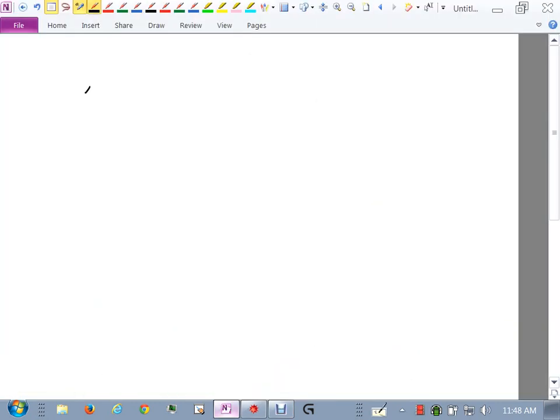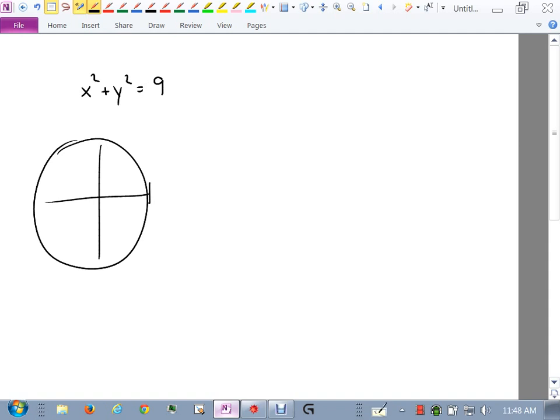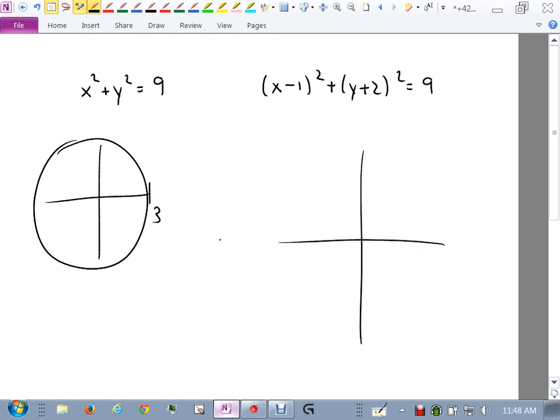Do you remember that if we had this in 2D, x squared plus y squared equals 9, that would be a circle centered at the origin, radius 3, right? And then if I put like x minus 1 squared plus y plus 2 squared equals 9, the only thing I've done now is what? Shifted it, right? The center of this would be 1, negative 2, and then it would have radius 3.